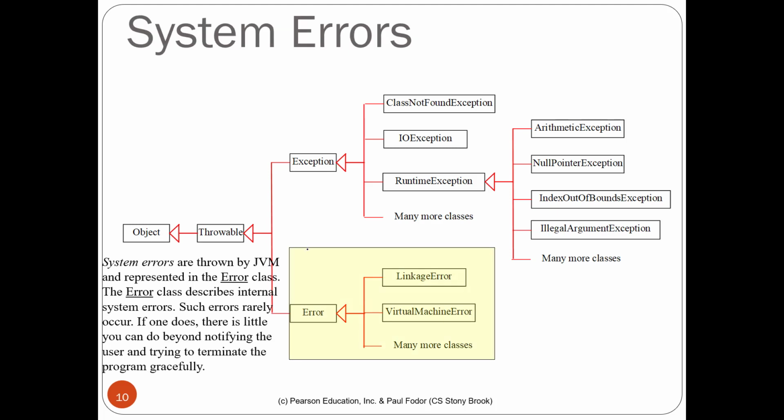So what do we have in Error? In Error we have different subclasses like LinkageError, VirtualMachineError, and a few other classes. Now these are some exceptions or runtime errors, we should say, or system errors, which are thrown by the Java Virtual Machine.